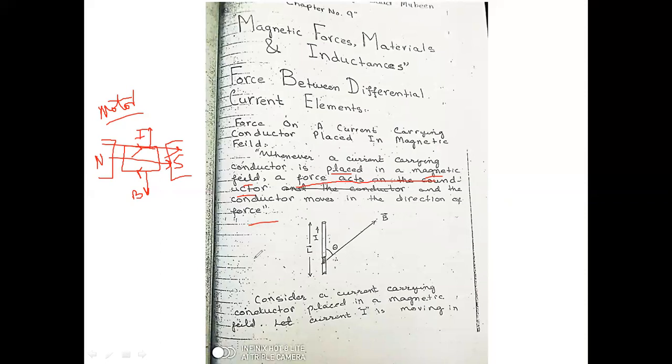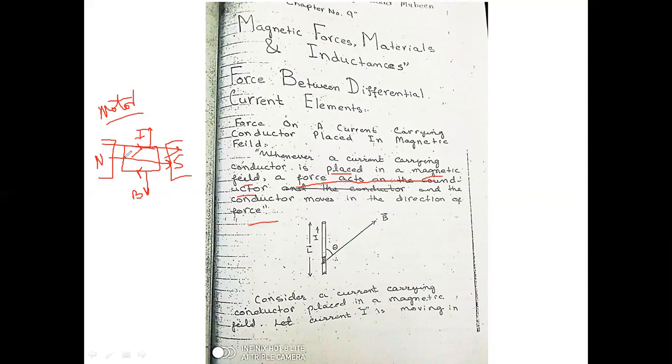So consider a current carrying conductor placed in a magnetic field. Let I be the current moving in that conductor, and L the length of that conductor. Consider the angle theta between the flux lines and the conductor.